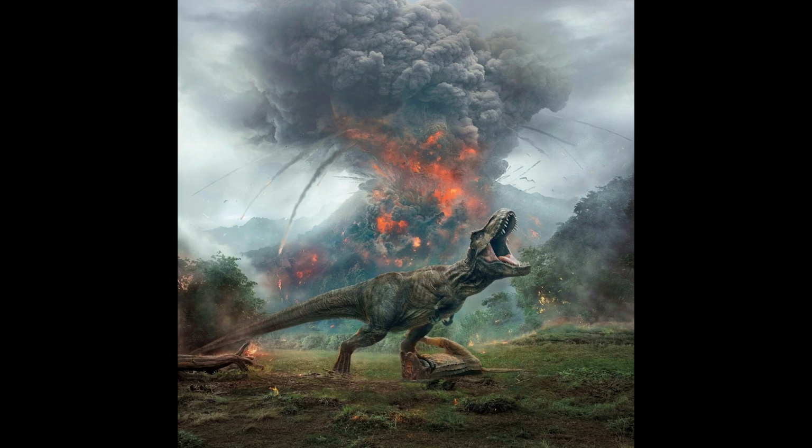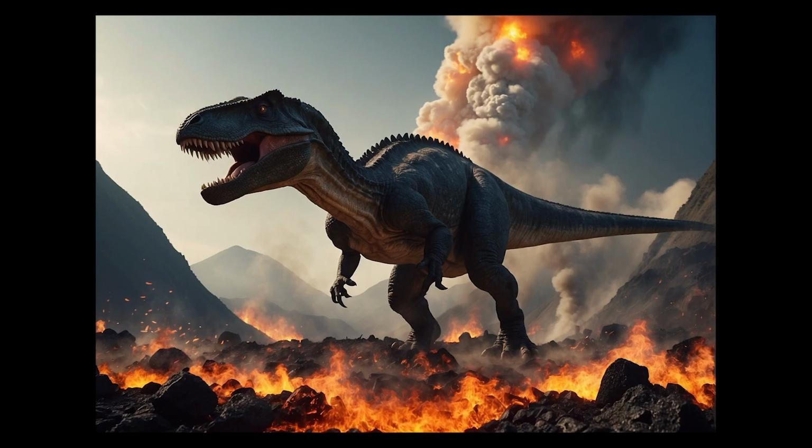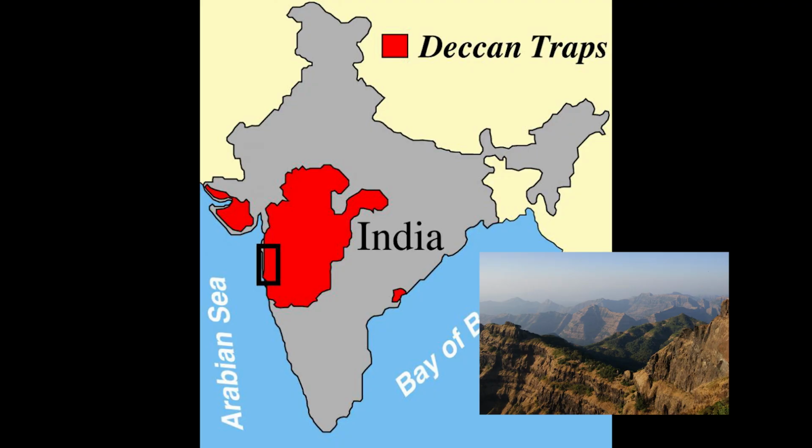As mentioned previously, the possibility of massive volcanic eruptions also playing a part in the KT extinction has been hypothesized by scientists as well. Located precisely at the KT boundary, enormous amounts of basalt flooded out between India and Africa to form lava beds called the Deccan Traps.